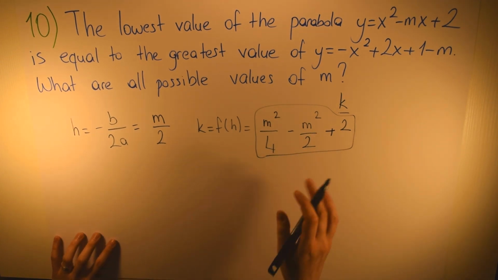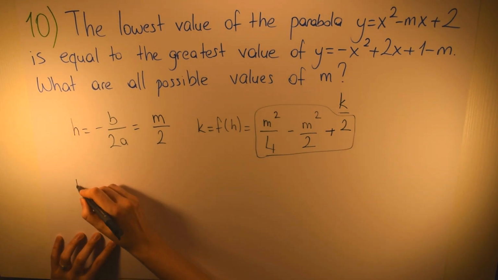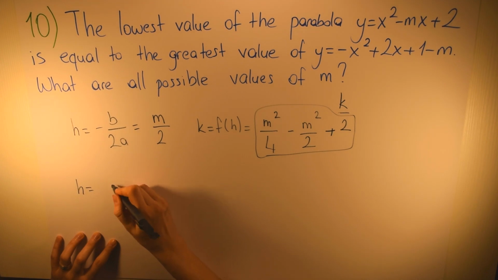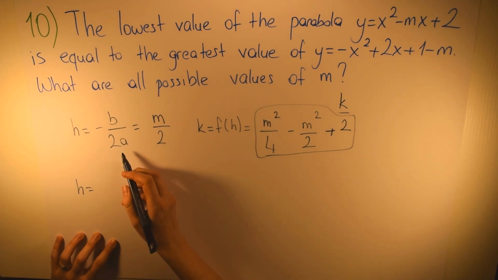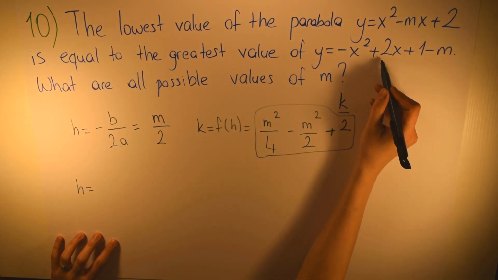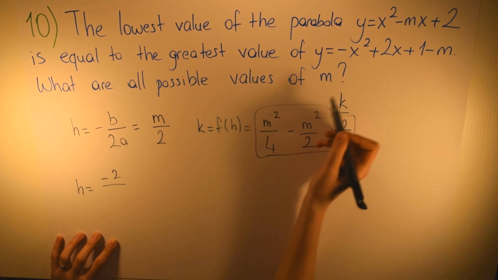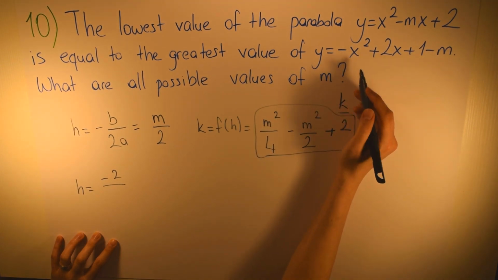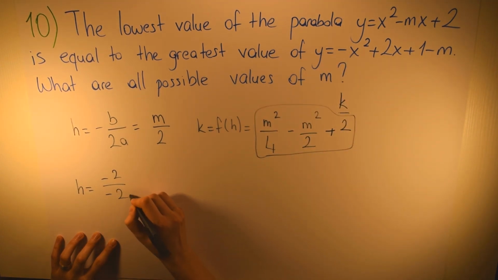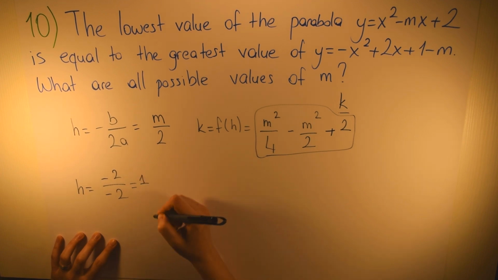Let's find it for the second one. For the second one, the value of h is equal to minus b over 2a. Here b is equal to 2, so minus b is minus 2, over 2a. a is equal to minus 1 and 2a will be minus 2, and h will be 1.